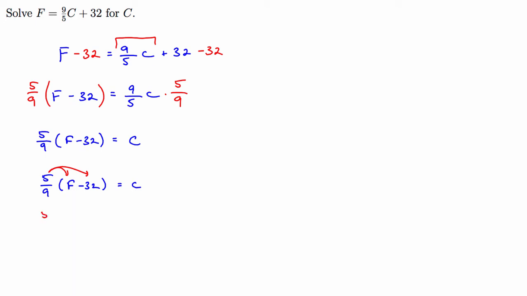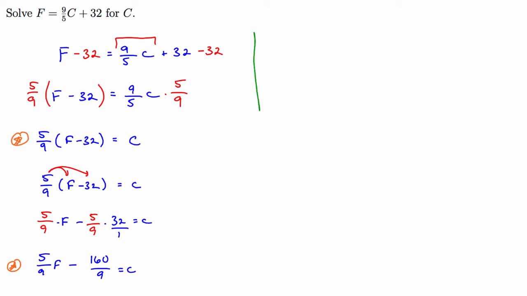If they were to do this, they would have 5/9 times F minus 5/9 times 32 equals C. And then simplifying that, you'd be left with 5/9 F minus 5/9 times 32, which we'll treat as 32 over 1, leaves us 160 over 9. The truth is, both this answer, 5/9 in parentheses F minus 32 equals C, and 5/9 F minus 160 over 9 equals C, are both correct.